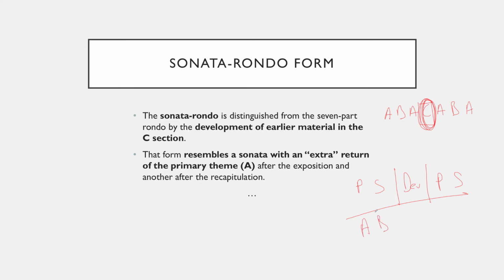The B part corresponds to the secondary theme, and then A part again, and then a development. Once again A part, B part, and A part again. This is the difference between sonata form and sonata rondo form.